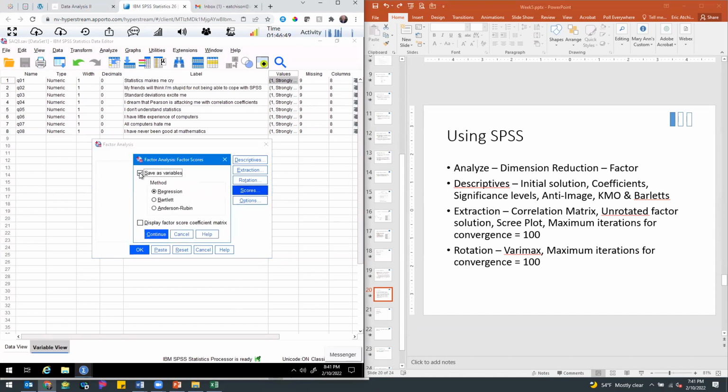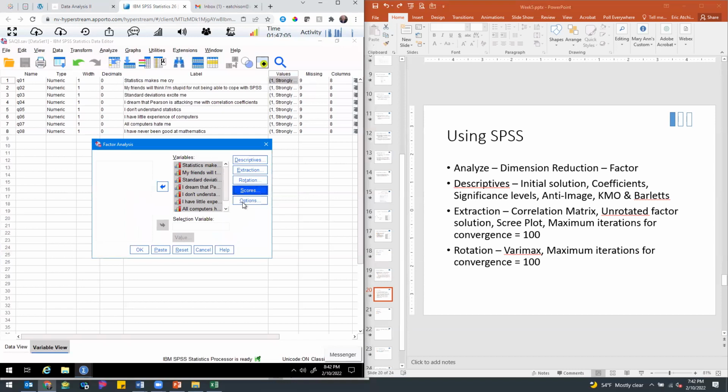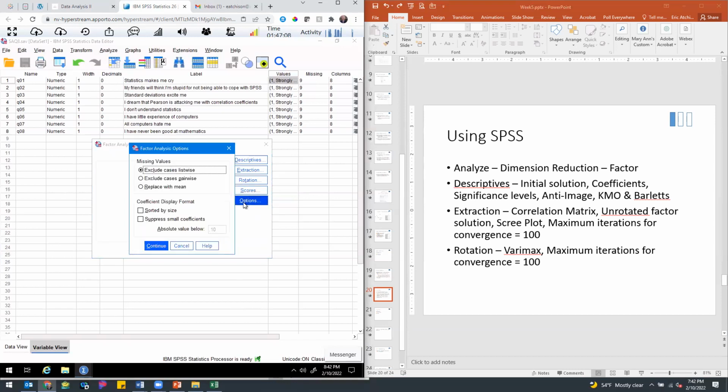I'll add this back to the slide before I'll repost it. It's already posted. You can also save variables for the regression model and that sort of thing, and display the factor score coefficient matrix. Not the biggest deal. We don't need to exclude anything pairwise, but we will exclude cases listwise.